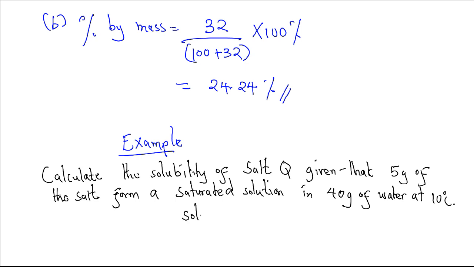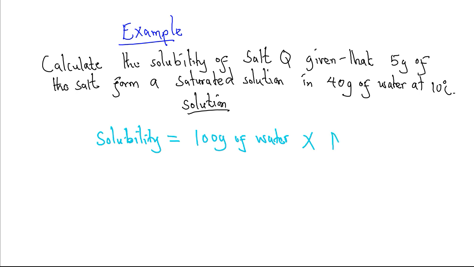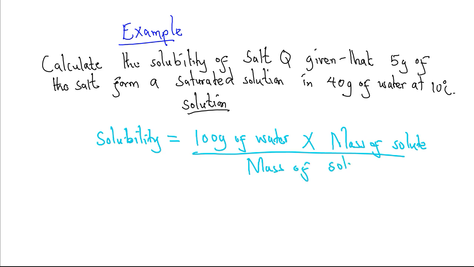Solution. Solubility in formula is equal to 100 grams of water multiplied by mass of solute over mass of solvent given mass of solvent.